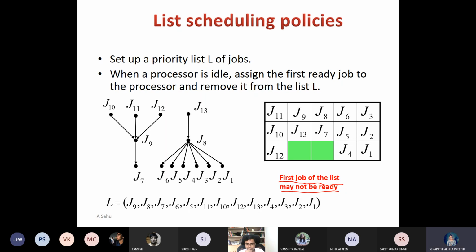The list can be formed arbitrarily, so if all the level 0 jobs are given at first in the list, then it's not possible for any execution order. But whenever you assign a job, once its predecessors finish, only then can you execute it. So after creation of the list also, the first job of the list, or some jobs of the list, may not be ready. Only a ready job can be given, but in that order.